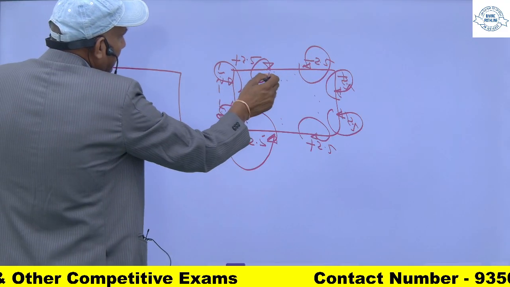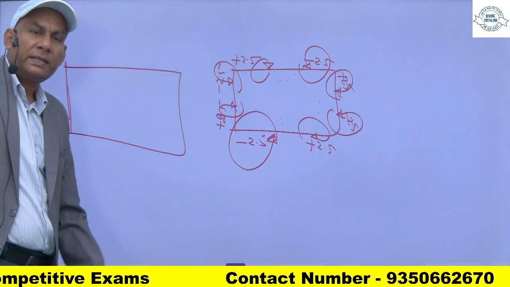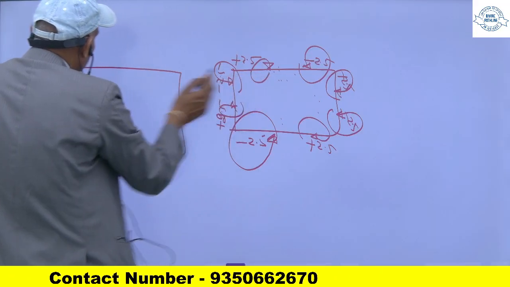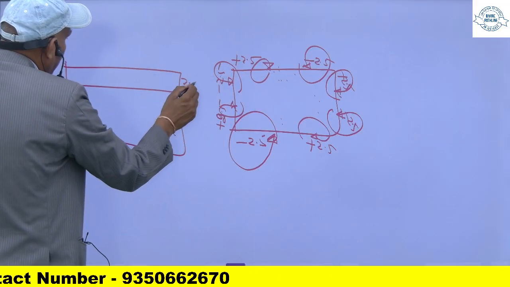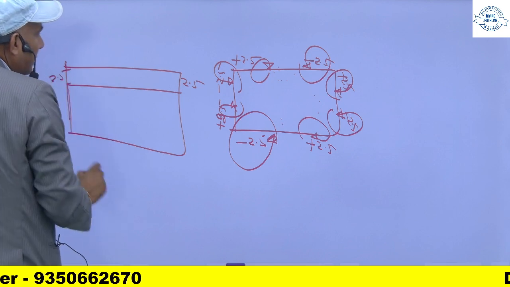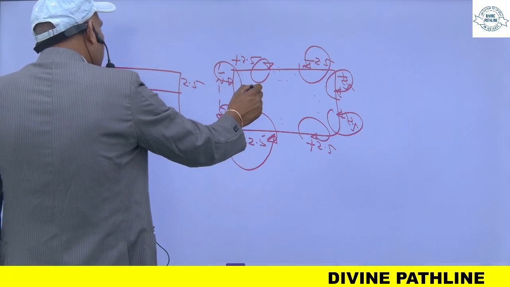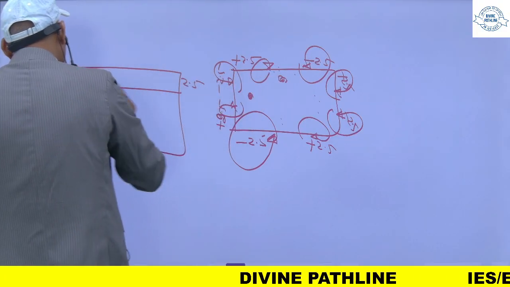Now you will apply the concept of sagging and hogging here. So this one is sagging. So it is 2.5, 2.5. This also, if I see on the tension side from here, is also sagging.